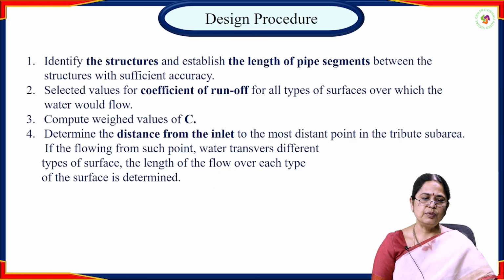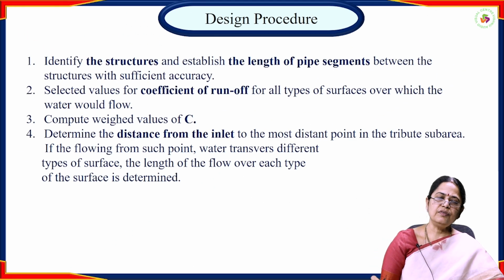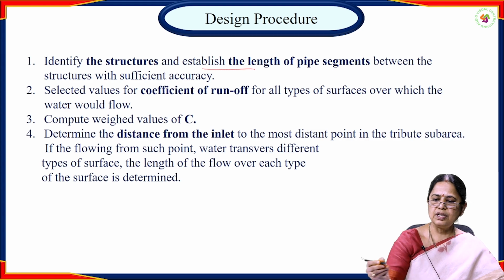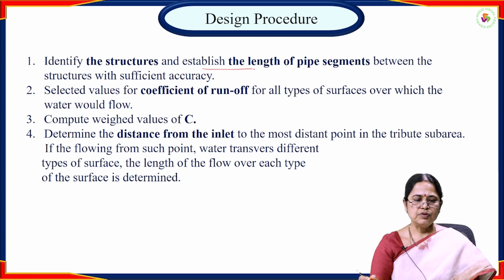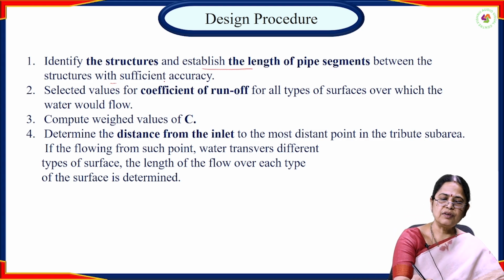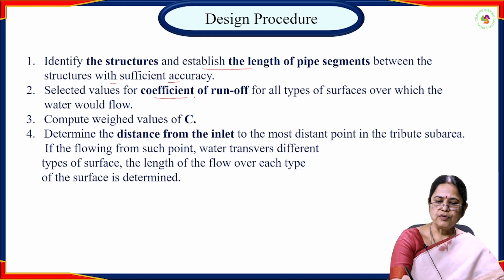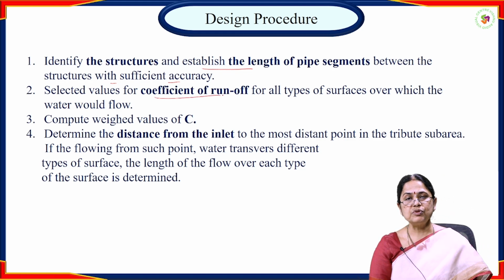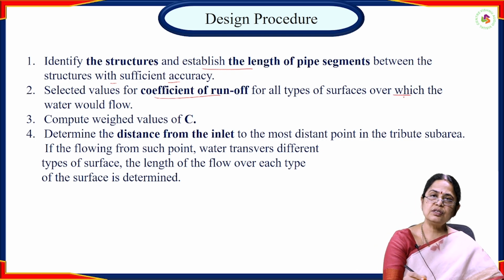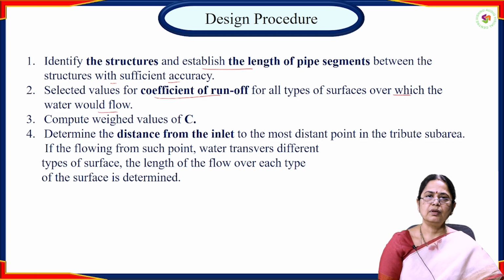So next, design procedure. First, identify the structures and establish the length of the pipe segments between the structures with sufficient accuracy. Select the values of coefficient of runoff for all types of surfaces over which the water would flow.